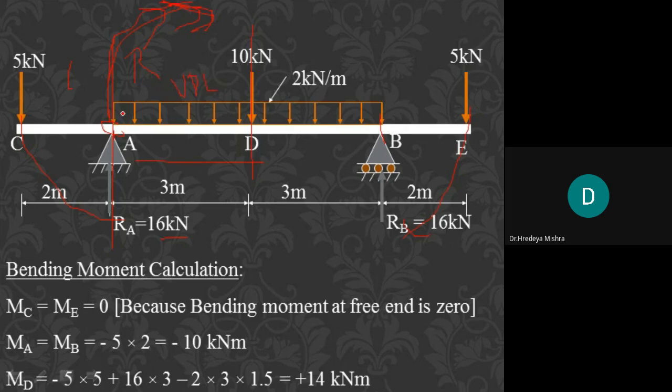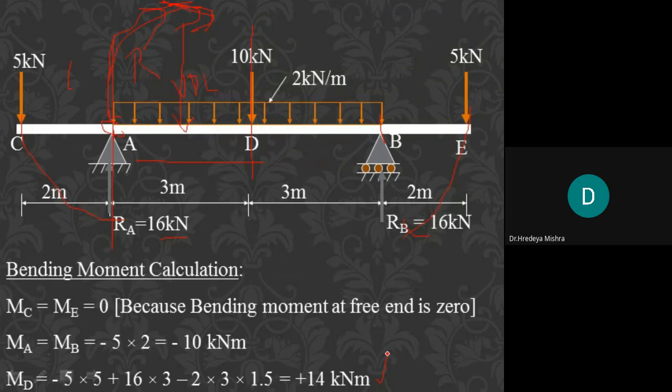So, what is the total load? 2 into 3 is the total load by the UDL, and it is considered acting at the midpoint between A and D, so that is the 1.5. So this is 14 kilonewton meter. Okay.